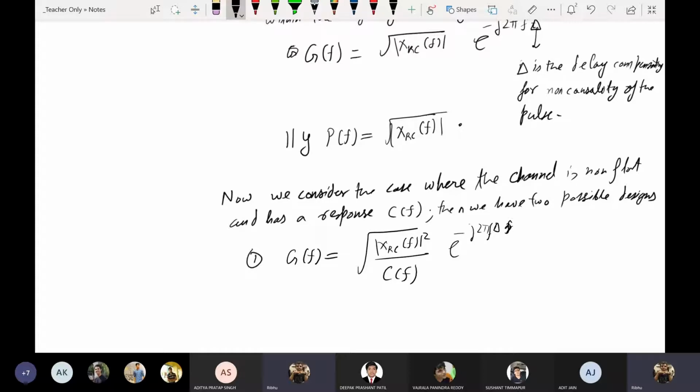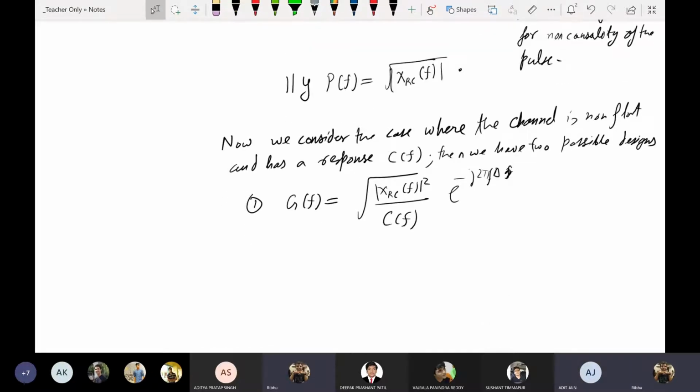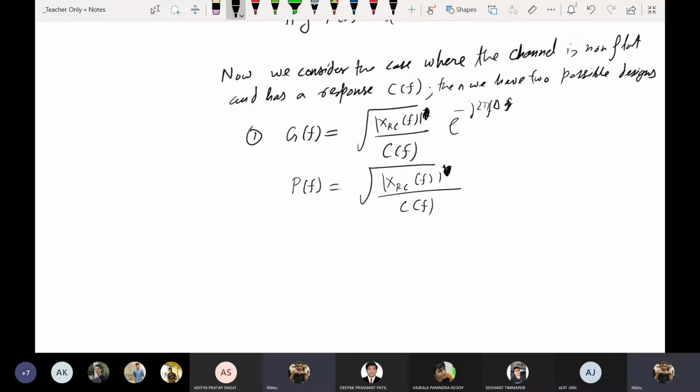This is one possible design. Then the other possible design is, sorry, wait a second. P(f) equals, I have to complete this. There won't be a square inside, right? Yes, just this. Fine, this is one possible design.